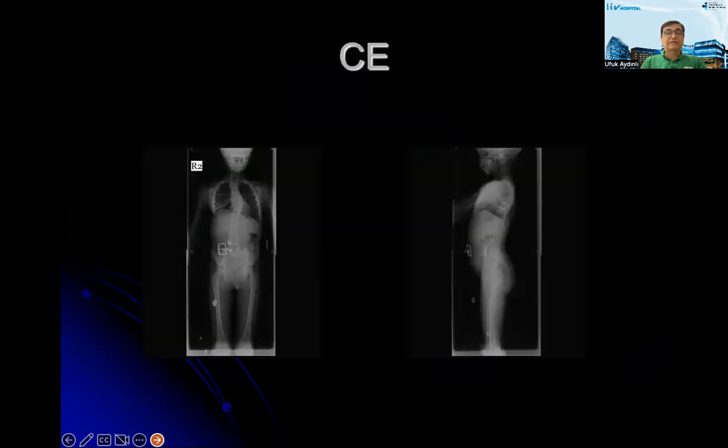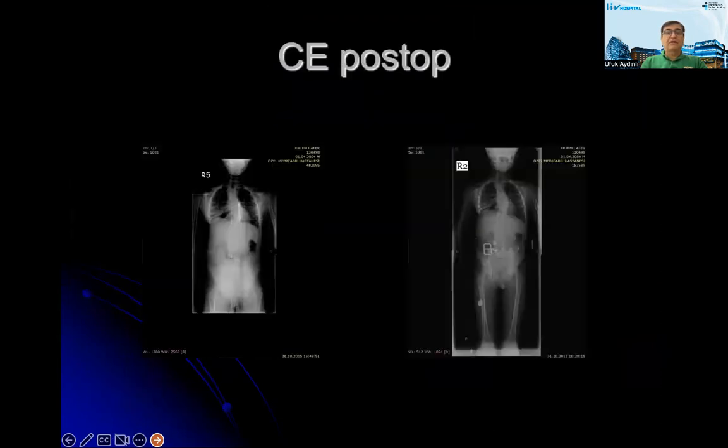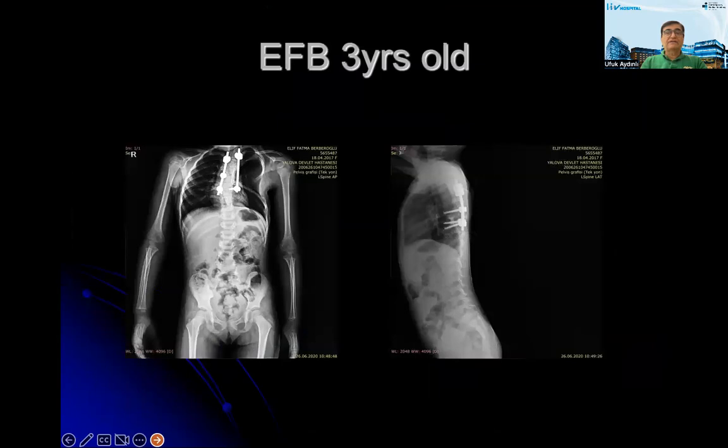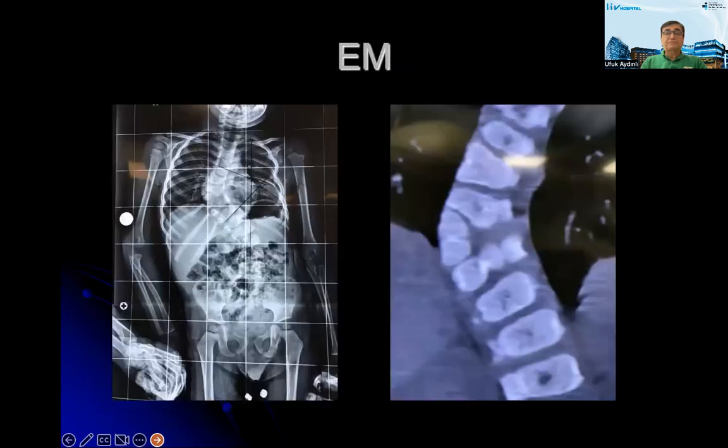This is another case with unsegmented bar, and we did posterior convex epiphysiodesis, and this is the postoperative view. This is another case, again with mixed deformity, and this is the result 3 years postoperatively.